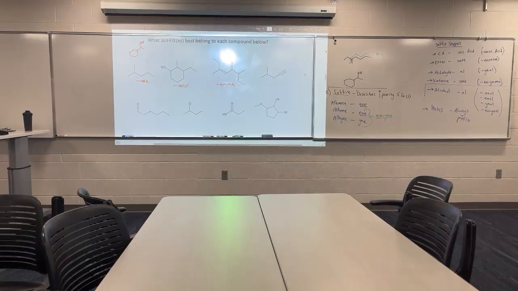Good. But that's a suffix stopper. So, does the rest of the structure have alkane? There's only carbon-carbon single bonds in the alkane.